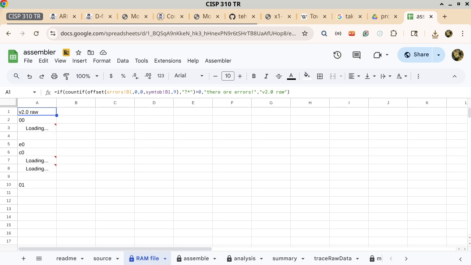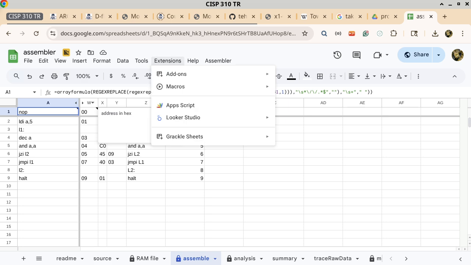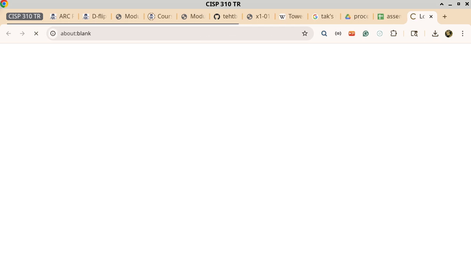Now, since you asked how this is written or in what language, the answer is it has several things. This is called the assembler, and you can see how I intentionally hid a bunch of columns. When you look at the top cell of a column, it actually contains some of the logic of parsing the input. Some of the code is also in Extensions, App Script.